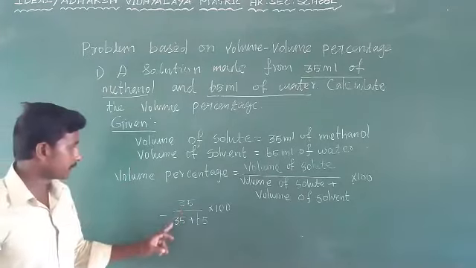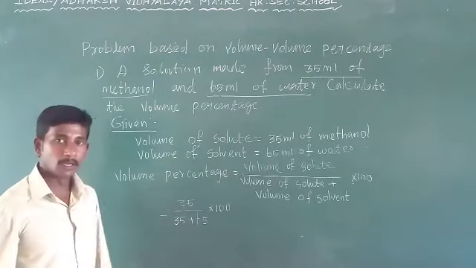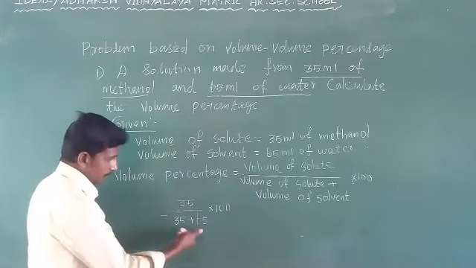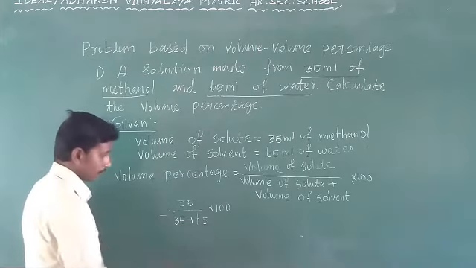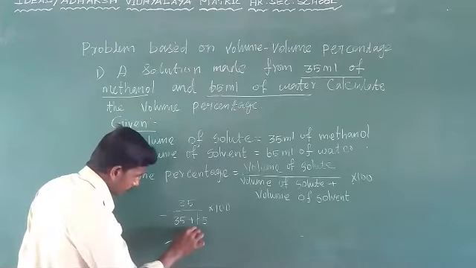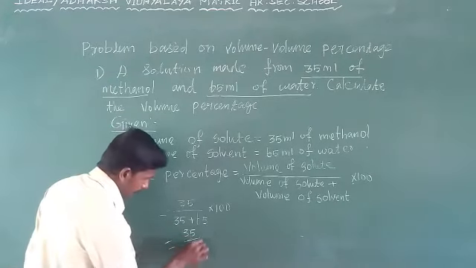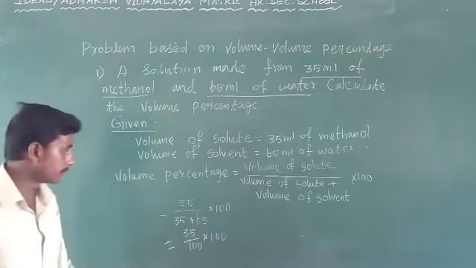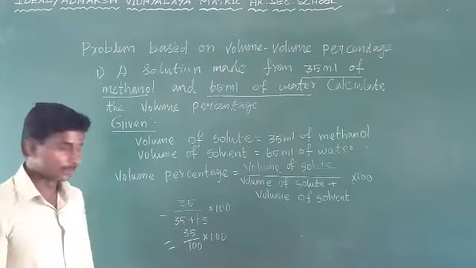So 35 divided by 35 plus 65, into 100. To simplify, first we add 65 plus 35. Hence we get 35 divided by 100, into 100.